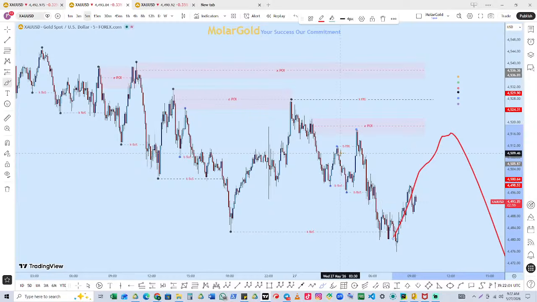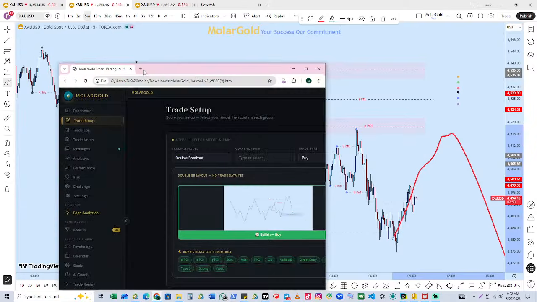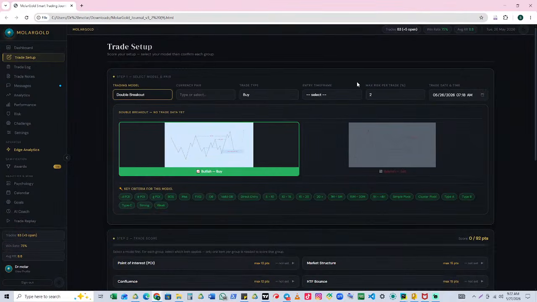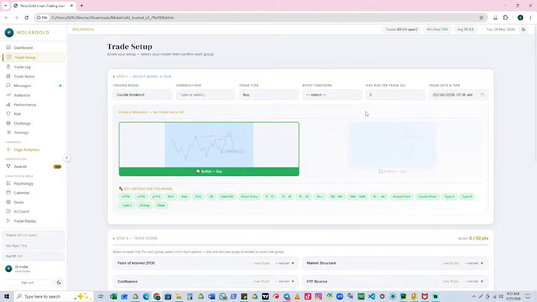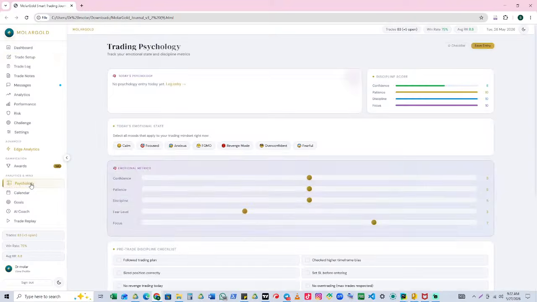Some of you like rushing, you think, oh, the trade is just going, and then you miss it. That is the reason why you need to journal your stuff. You need a journal to help you know your psychology, to know everything about yourself, right?